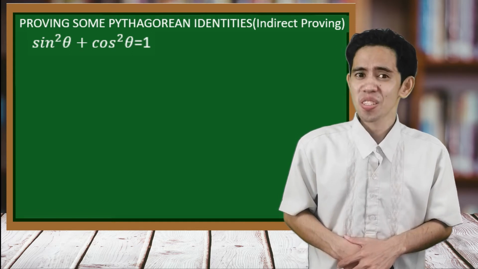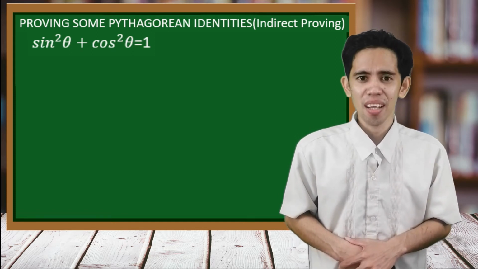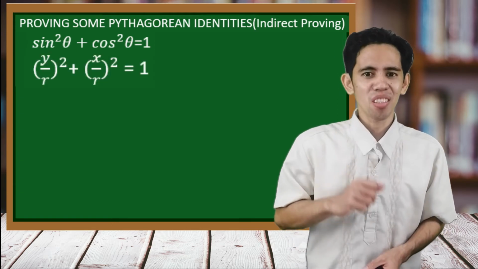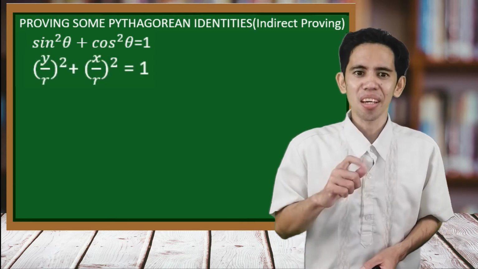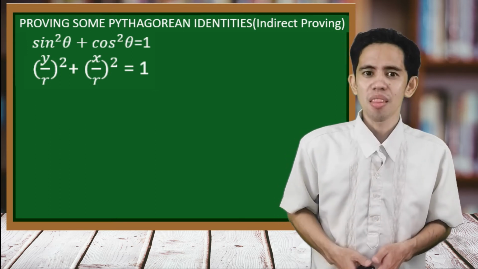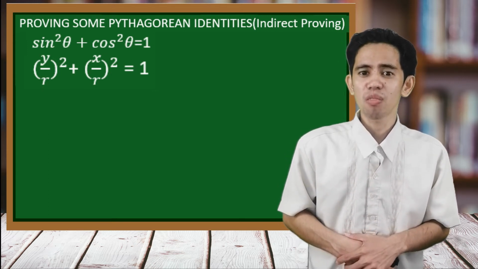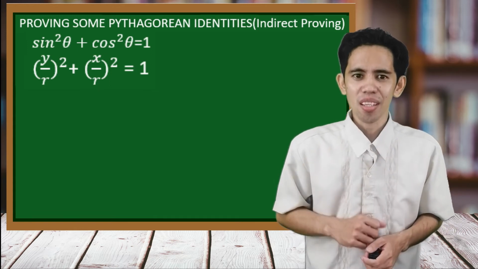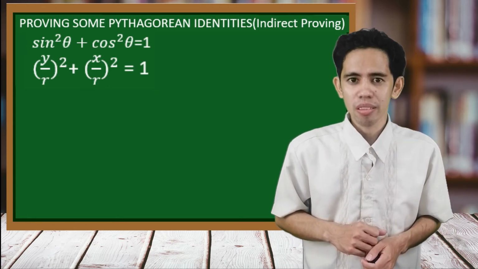After that, substitute the values of sine theta and cosine theta, which are y over r and x over r, respectively. Then we have the square of y over r plus the square of x over r is equal to 1.